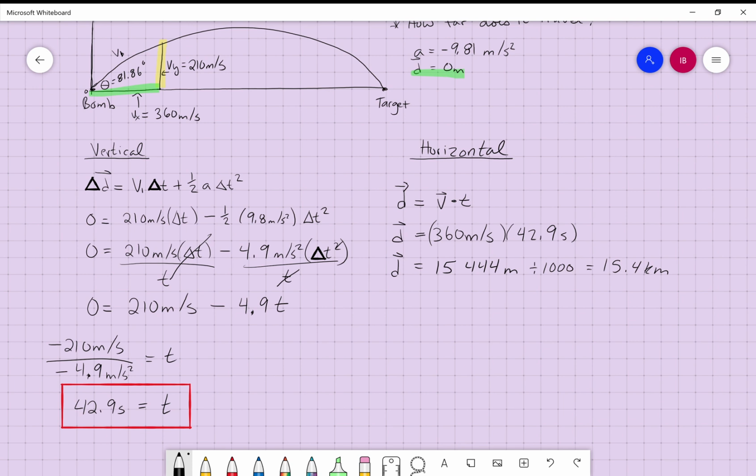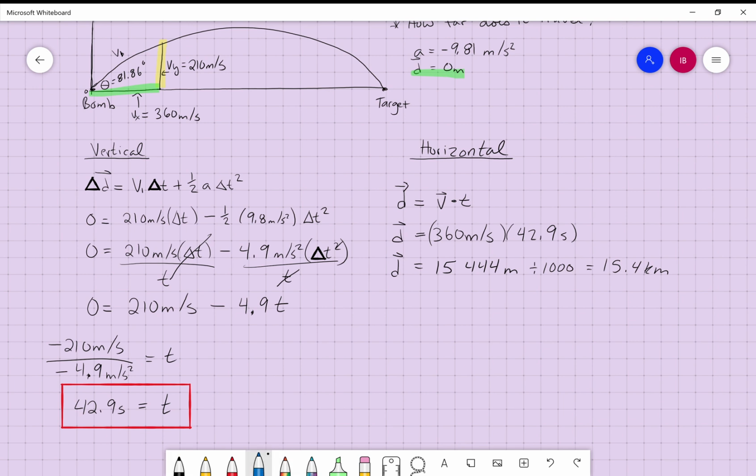You could still do plus and negative, it's not going to change your answer. Depending on if you have to combine formulas, it gets easier, but we're not going to worry about that for now. So minus 9.8 meters per second squared, half of that gives you the 4.9, and we're going to times that by t squared. Because our displacement is 0, I'm going to factor.